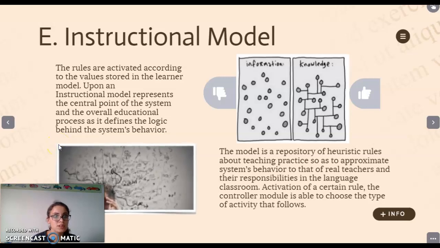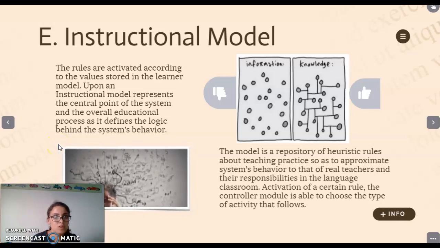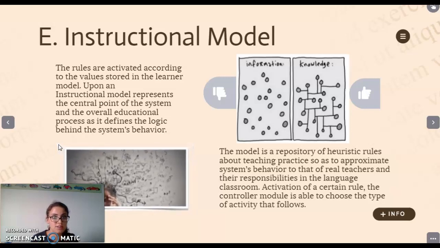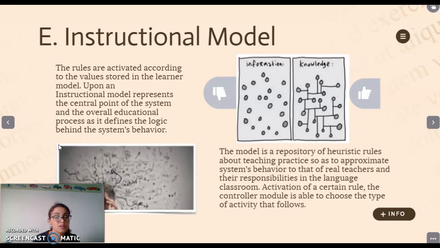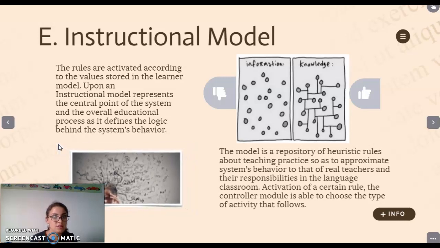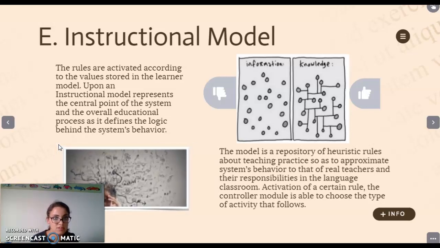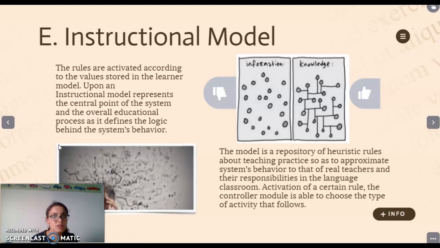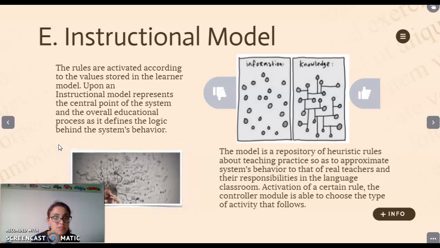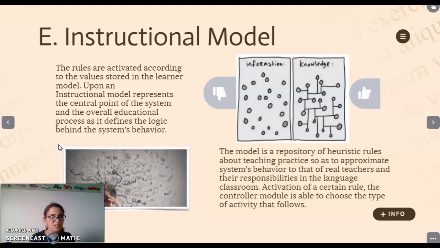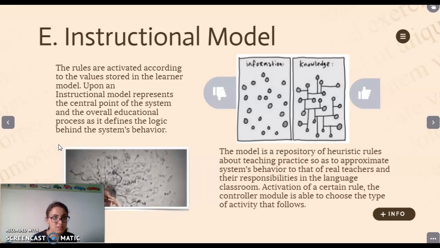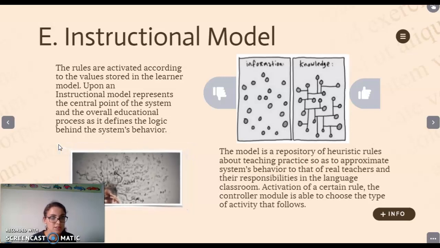The rules in this model are activated according to the values stored in the learner model, and the instructional model represents the central point of the system and the overall educational process, as it defines the logic behind the system behavior. It's very interesting because it's not really easy to define this logic behind the system.